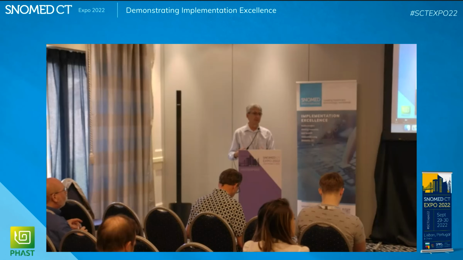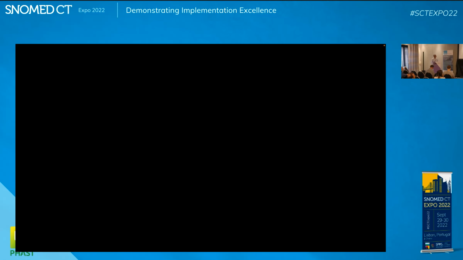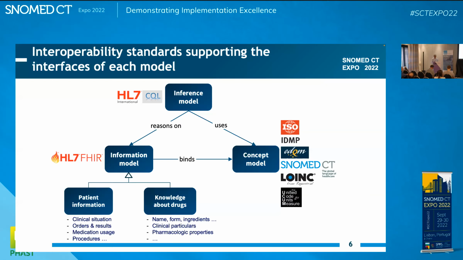So to represent the knowledge about the drugs with their pharmacological properties and clinical properties. So the picture is a bit small now, but I think it will zoom up shortly. So this is it for the information model.